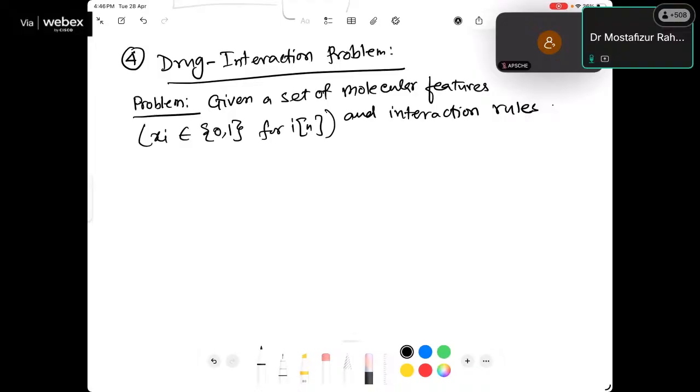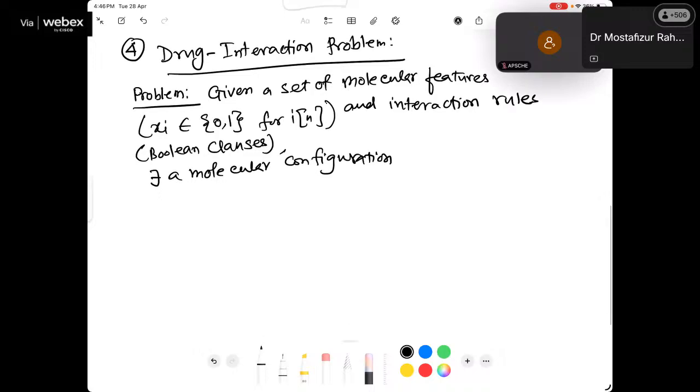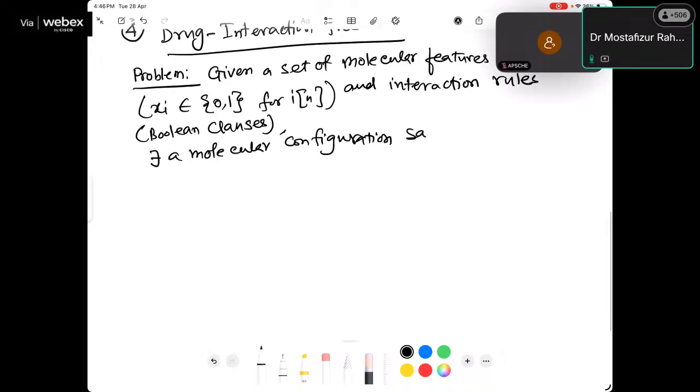Typically, you can design the rules as Boolean clauses like the SAT problem. The question is, does there exist a molecular configuration satisfying all constraints?